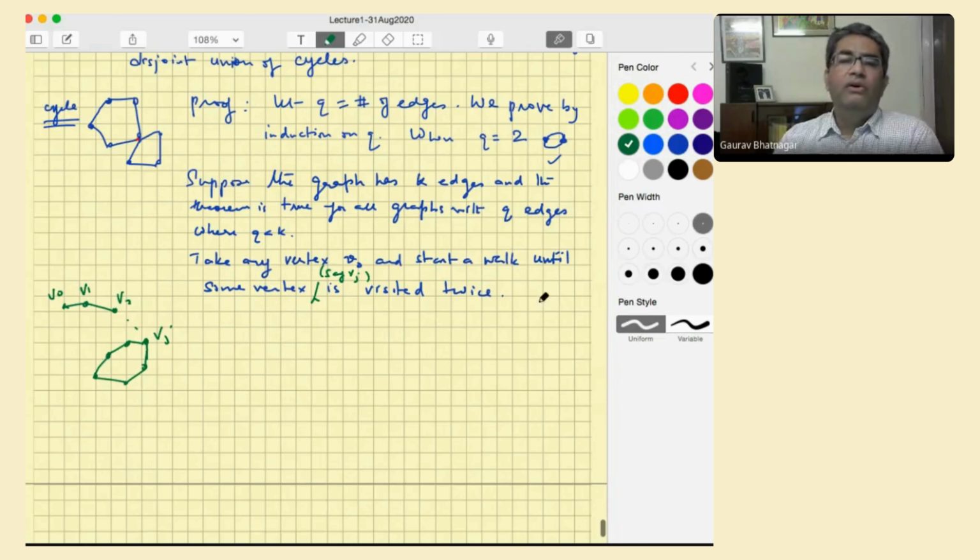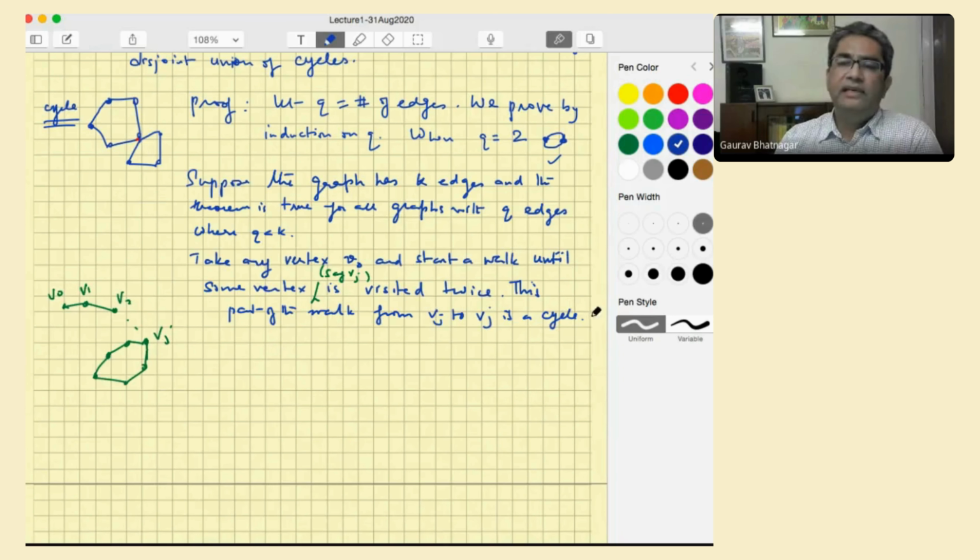So now what we notice is that this part of the walk from vj to vj is a cycle.